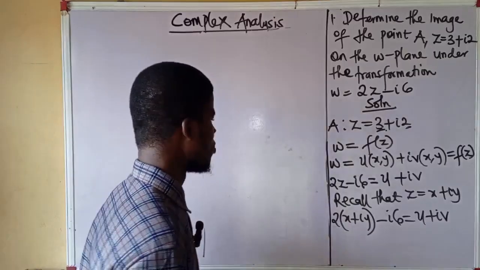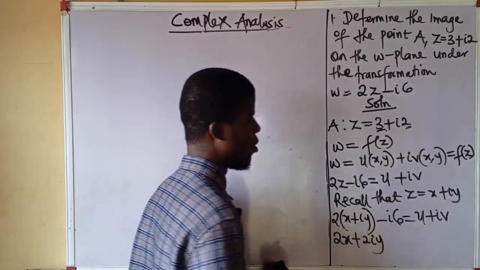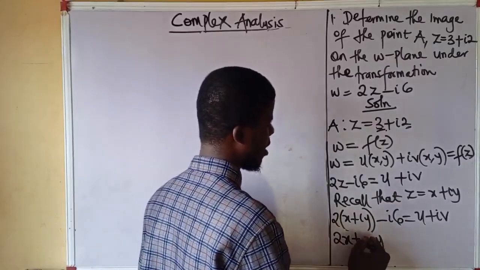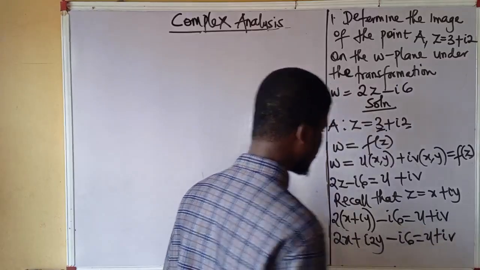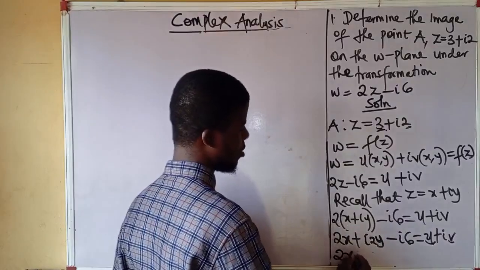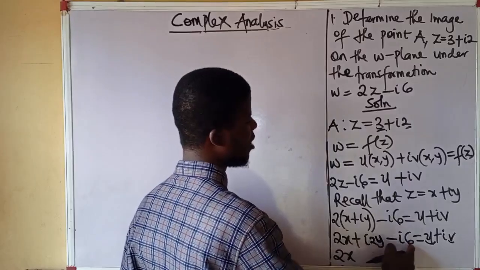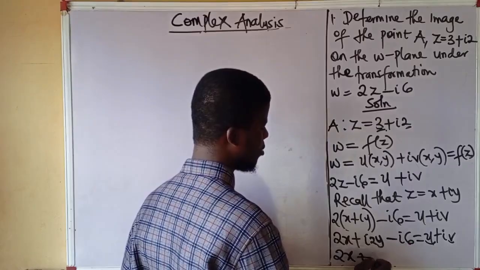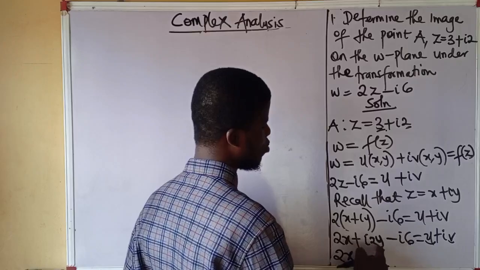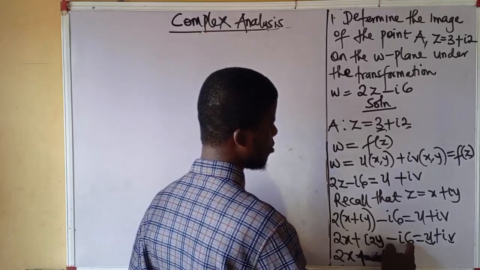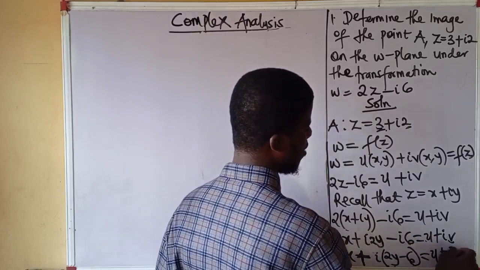Are we getting it now? If I expand this bracket, it will be 2x plus 2iy minus 6i equal to u plus iv. This is 2x, and these two are imaginary, so I can bring the i out: 2x plus i times (2y minus 6) equal to u plus iv.